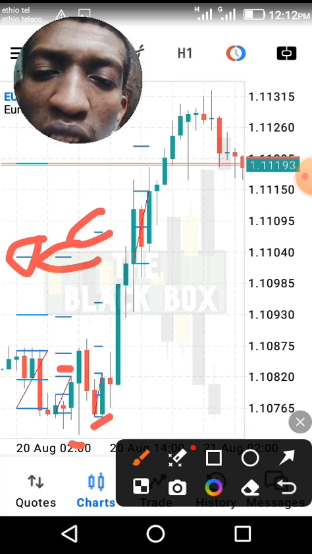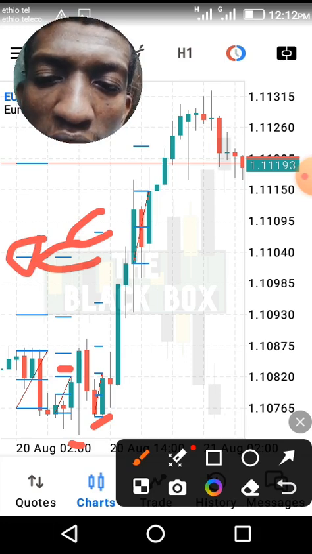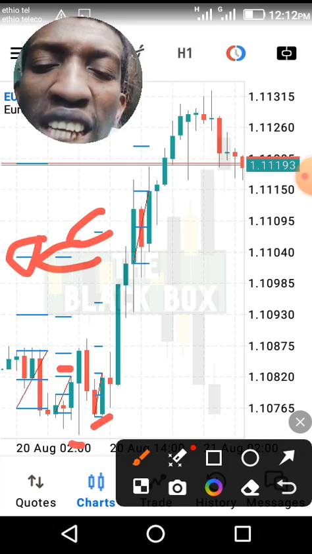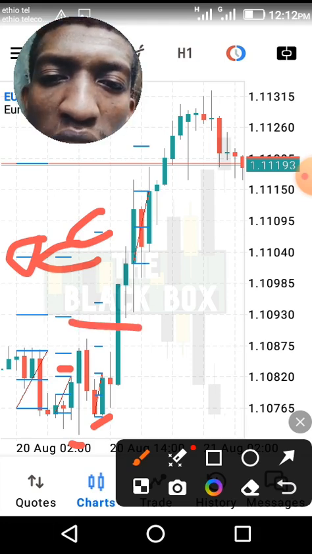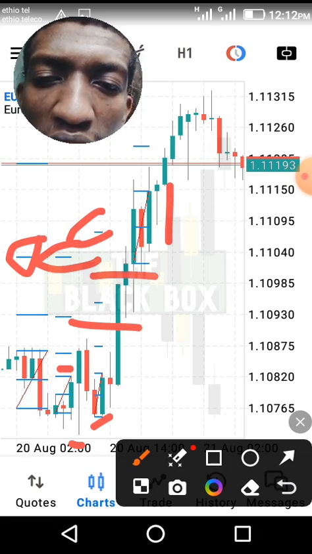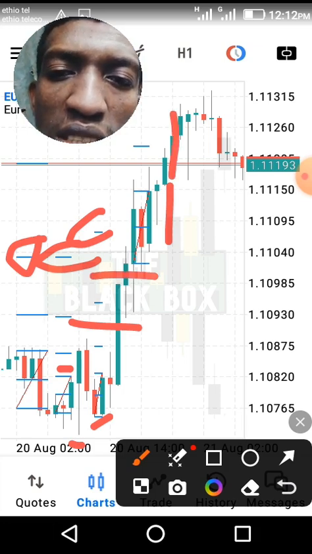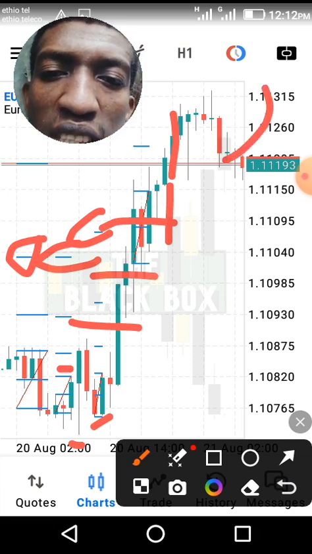So you take partials for all of them, and then you move your stop to your entry price once the market advances.